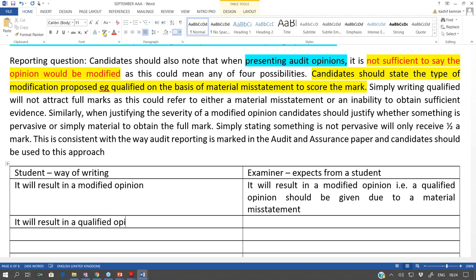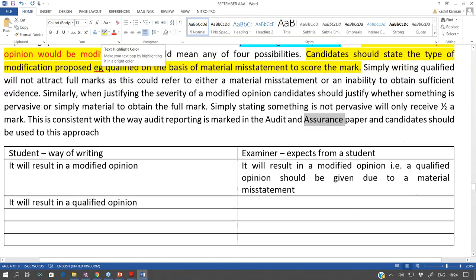The examiner says even this is wrong, because a qualified opinion can arise because of a material misstatement, and a qualified opinion can also arise because of an inability to obtain evidence. Is that true? Do you all agree with that? So should we specify in the exam paper that it will result in a qualified opinion?